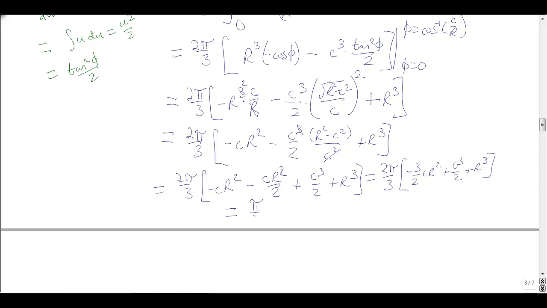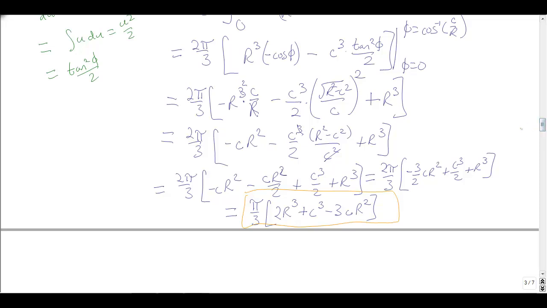So what I'm going to get is pi over 3 times, when I multiply 3 by the 2, I'm going to reorder this to put the r cubed first. So I'll get 2r cubed, and then plus c cubed. The 2 will cancel the denominator, and then minus 3cr squared. So there is my answer for the volume of this region above the plane z equals c.